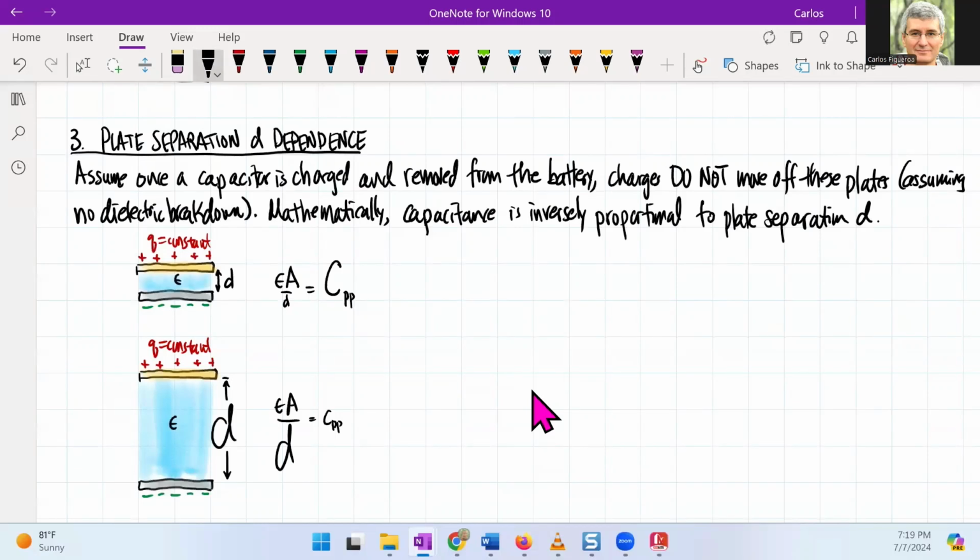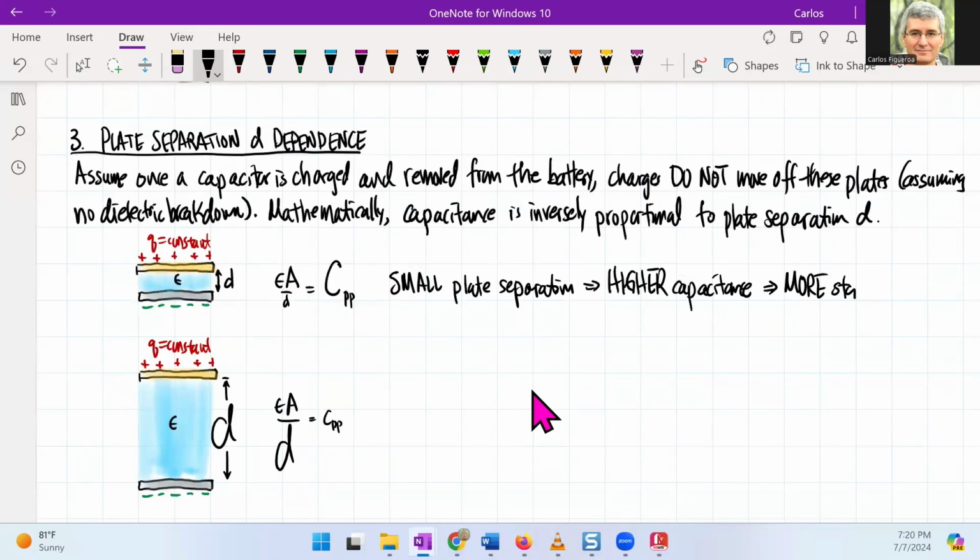So what does this tell us? It tells us that if I have a small plate separation, then that tells me I have a higher capacitance. But a higher capacitance means that you have more stored charge.